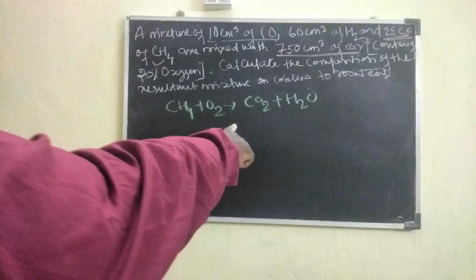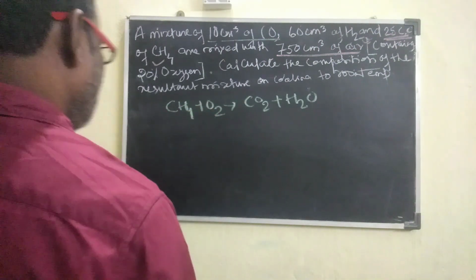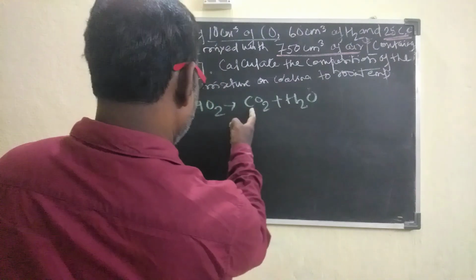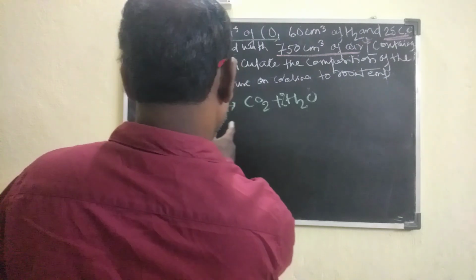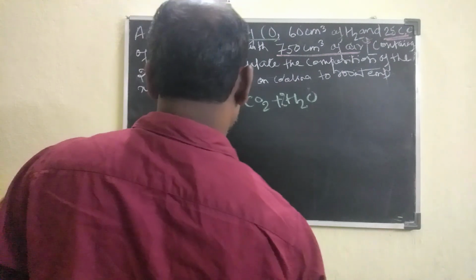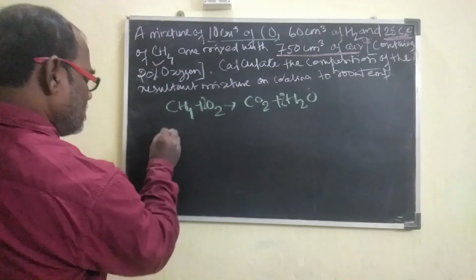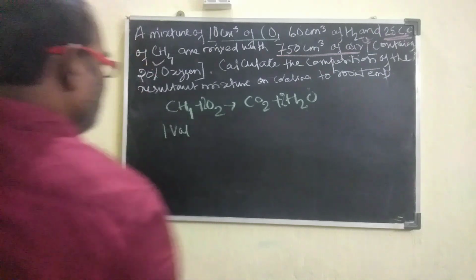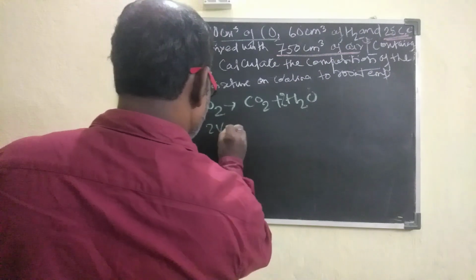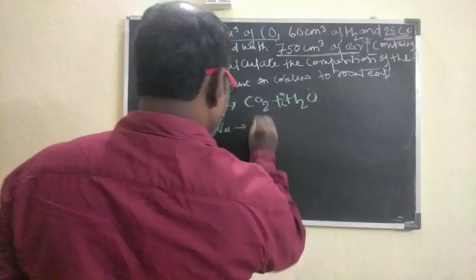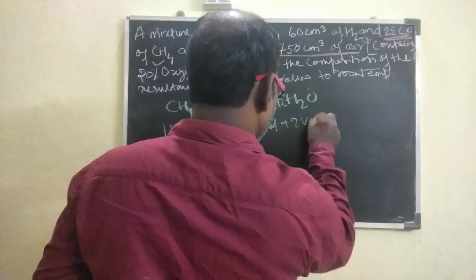So when methane is ignited with oxygen, we get carbon dioxide and water. So let us balance this. We are getting CH4 plus 2O2 gives CO2 plus 2H2O. That means one volume of methane reacts with 2 volumes of oxygen to produce 1 volume of carbon dioxide plus 2 volume of water.